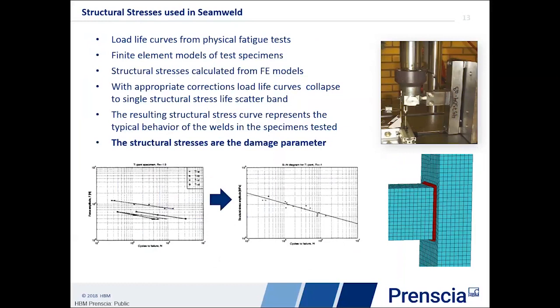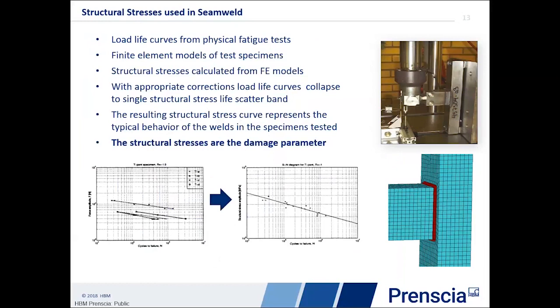An example of that is seam weld against spot weld, which follows a very similar approach. The way that these damage curves are actually implemented is starting out with a whole series of actual physical tests. And so I have all these different specimens. We go off and generate load life curves.